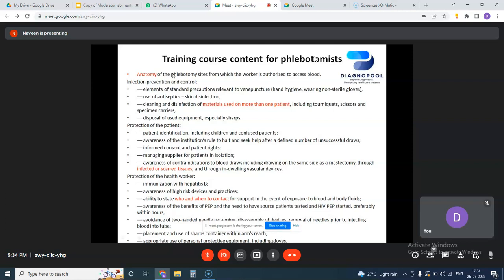And the topics under which training can be done start from the basics, that is, anatomy of phlebotomy sites. What are the sites? What are the veins? Which veins should be avoided? So this anatomy should be known. What are the structures very close to the veins which we should not injure?